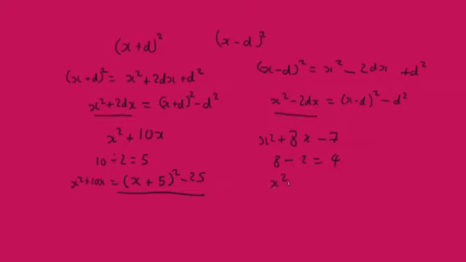So this is x squared plus 8x minus 7 is going to be x plus 4 squared minus 16 plus 4 squared, 16 minus 7. We'll just collect those terms. Is going to be minus 23.